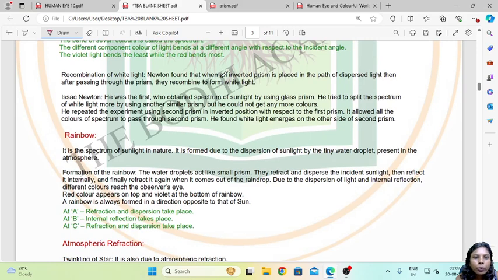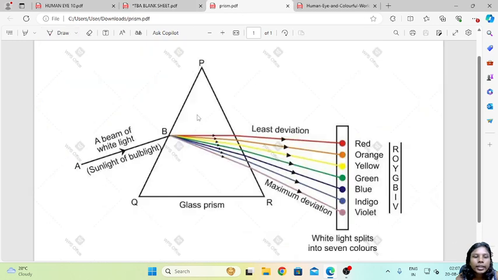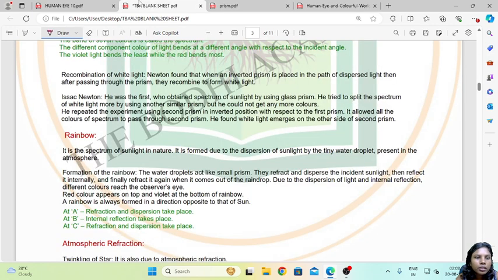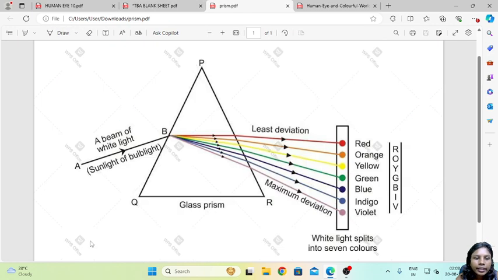So Newton found that when an inverted prism is placed in the path of dispersed light, then after passing through the prism, they recombine to form white light. Now this is an erected prism.